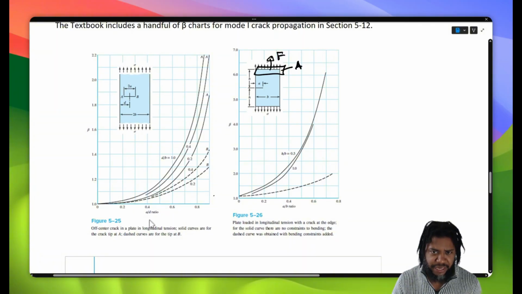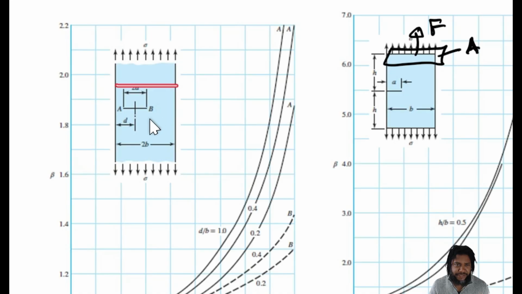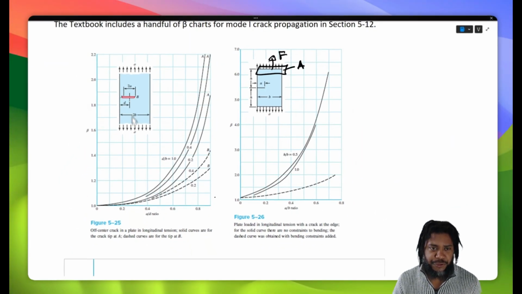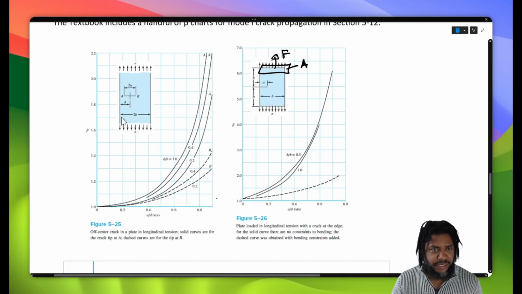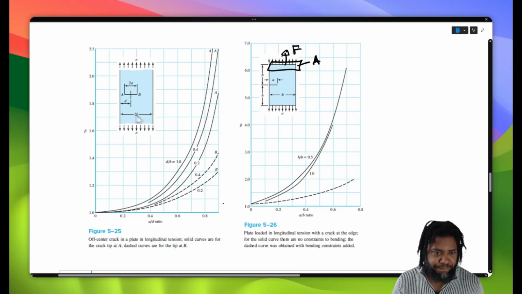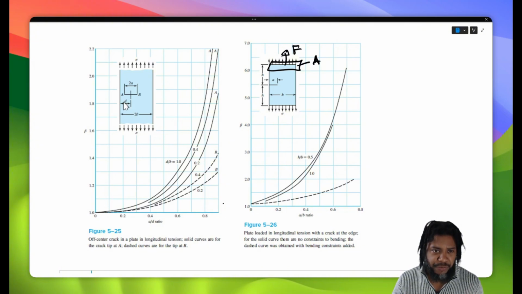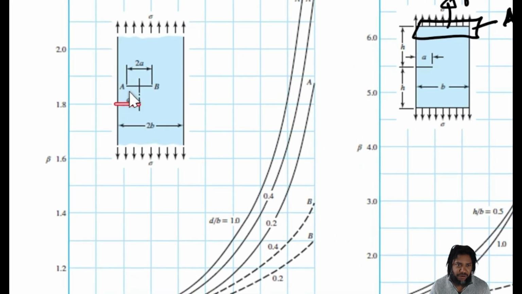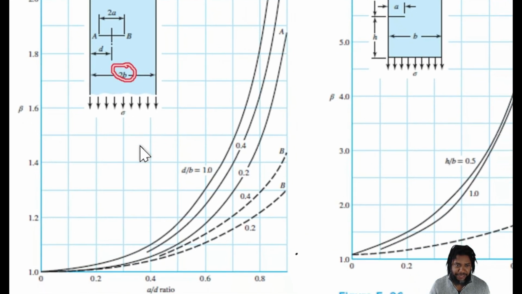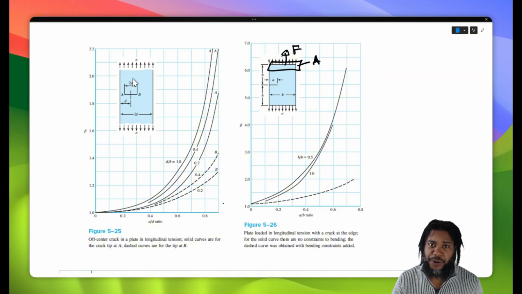Say we have a finite width plate loaded in tension with an off-centered crack of length 2a. For this particular geometry, we have a couple of different dimensions. We have the distance that it is off center, the crack length 2a, and the width of the plate.